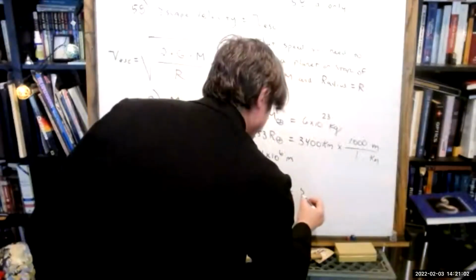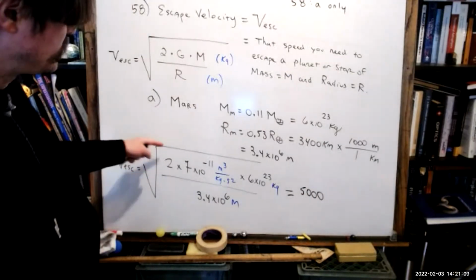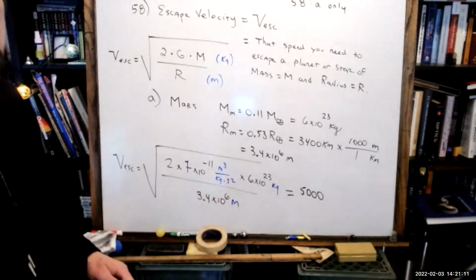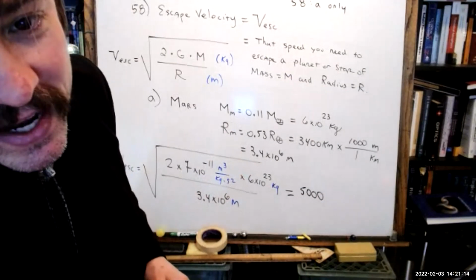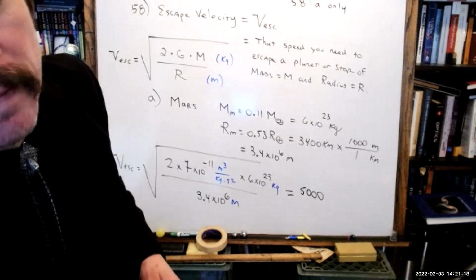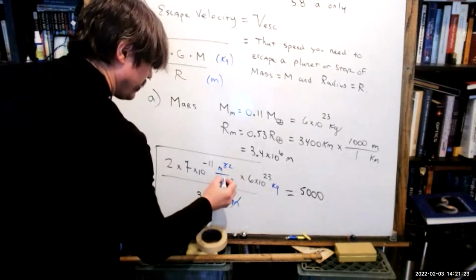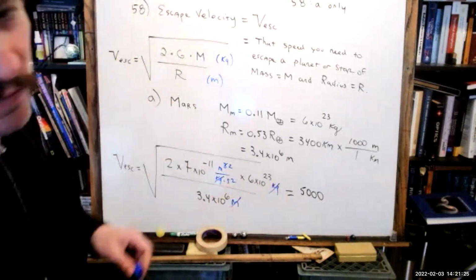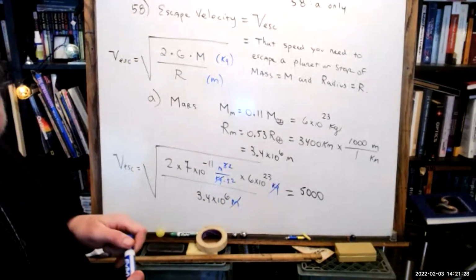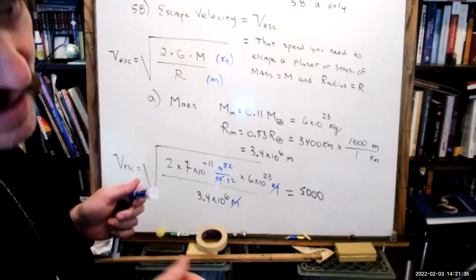What do you think the units are? Would it be meters squared per second squared? But there's a square root, right? That's great, Mikey. That means we're winning. Because look, meters cancels with this, making meters squared. Kilograms cancels. What is the square root of meters squared per second squared? Meters times seconds?